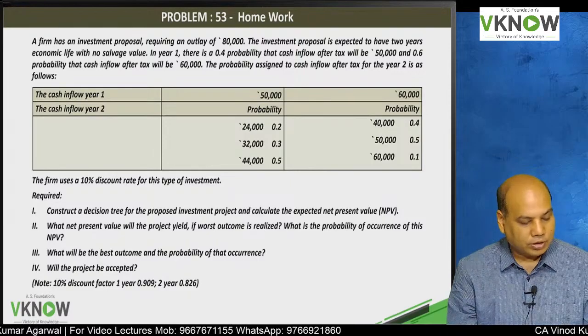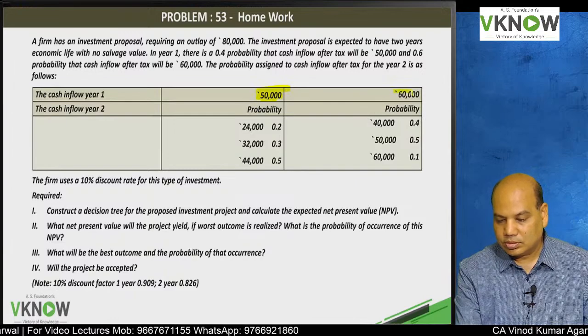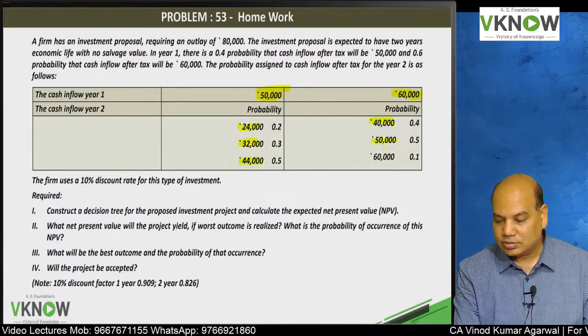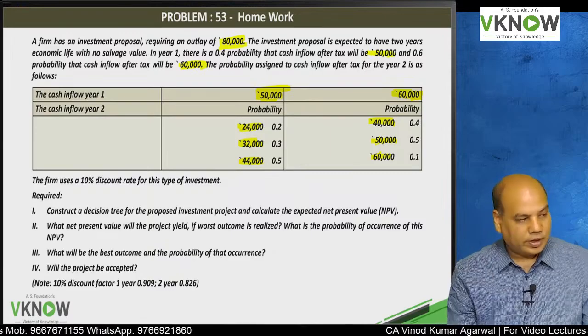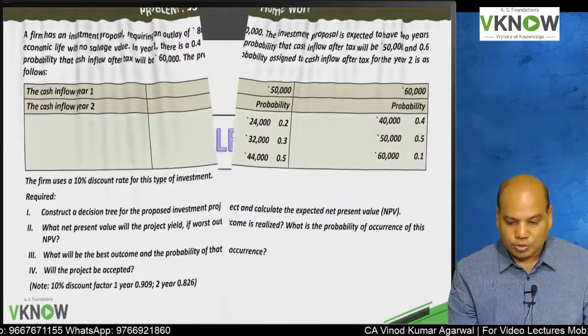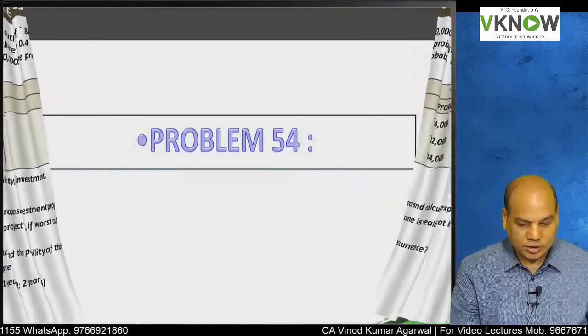All numbers in question number 53 is double of the previous answer. What more do I explain? So you will solve it as homework. Keep 2 pages blank.